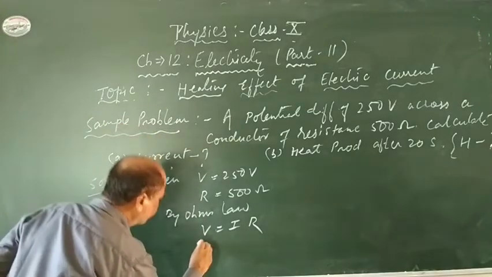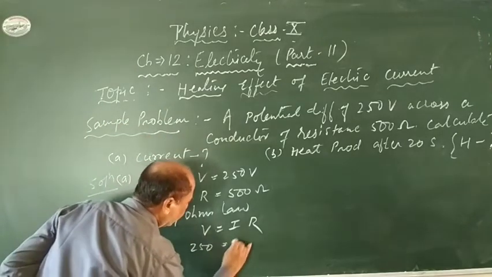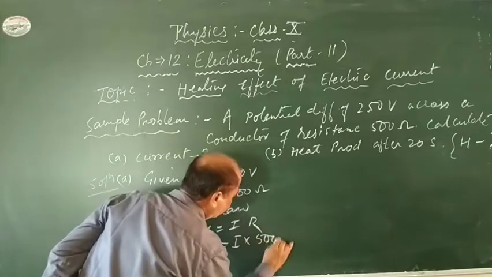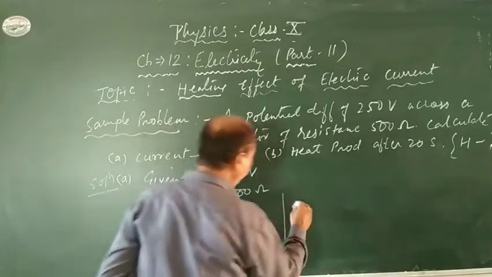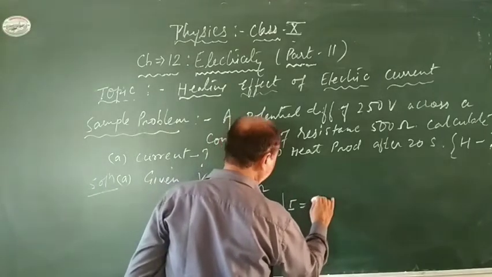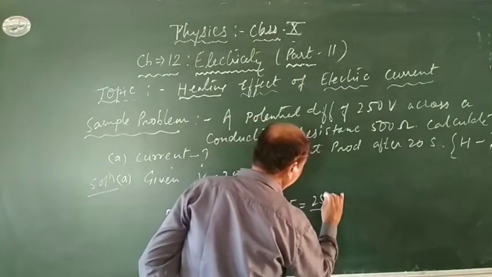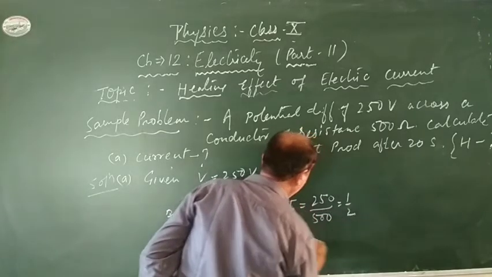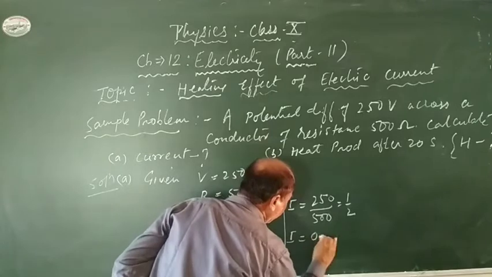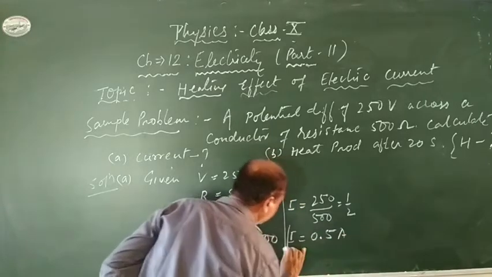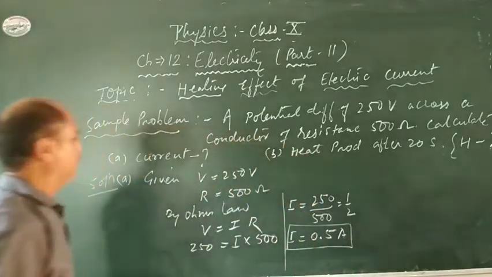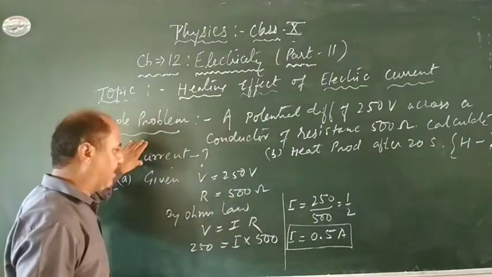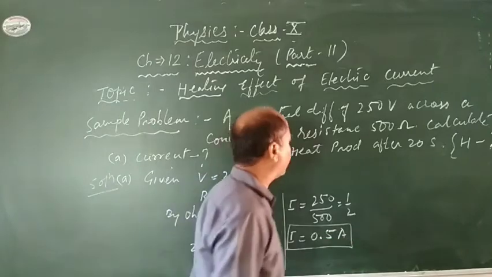So V is 250, I we have to calculate, and R is 500. So I is equal to 250 upon 500, that is equal to half, or I equals 0.5 amperes. So we found the current here, and the current is 0.5 amperes.